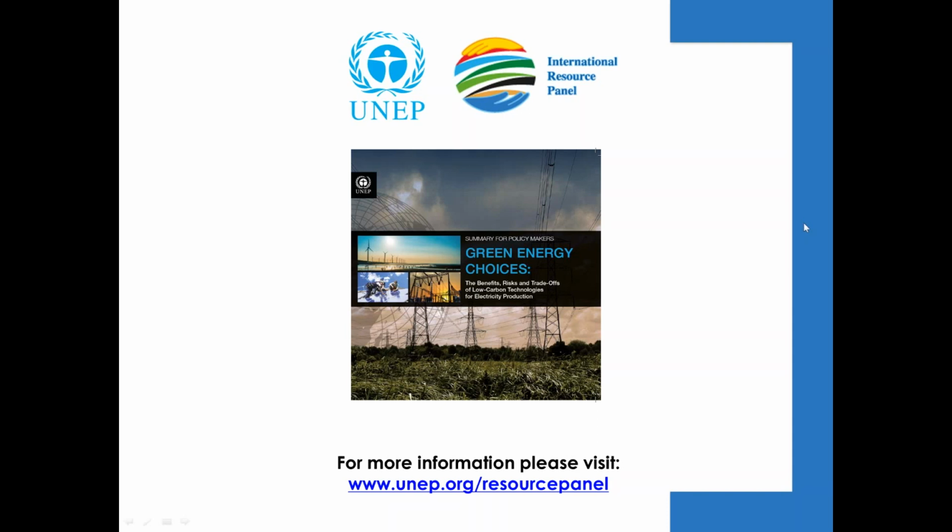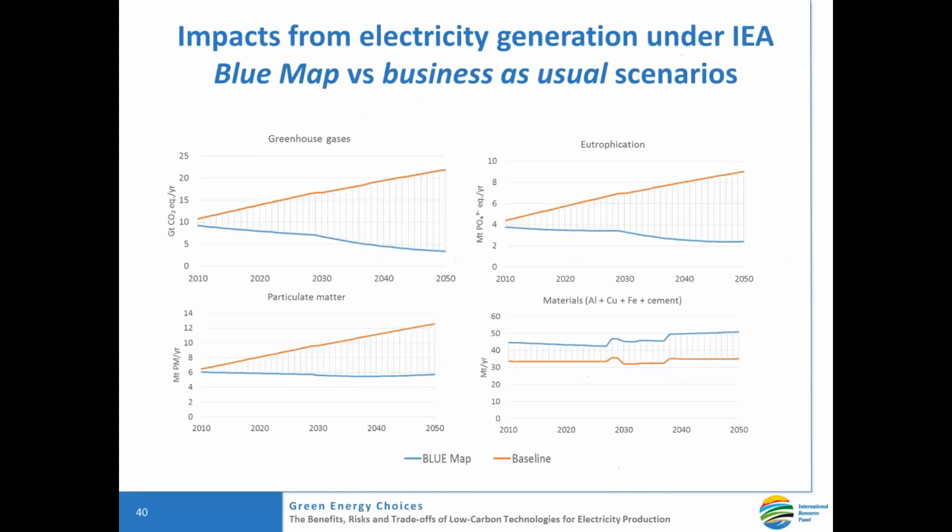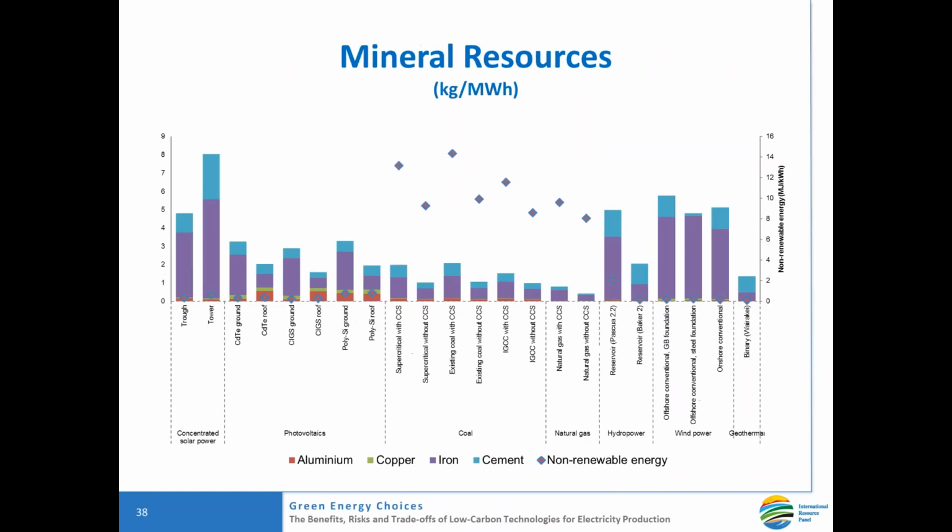So we have quite a few questions from our online audience. The first one is Lisa asking about the impact on human health for both PV panels and wind turbines, and whether you considered the consequences during the mining phase for each element. Yes, absolutely. This is taken into account in our life cycle methodology, and here you see that we have quantified the amounts of materials that are needed.